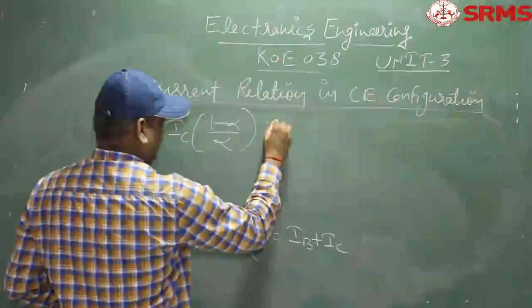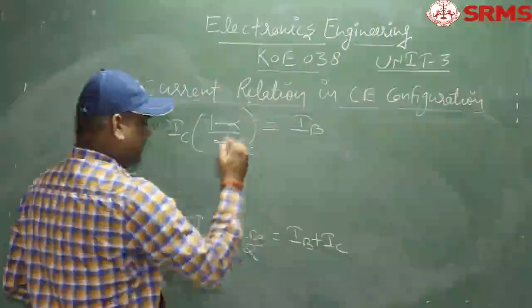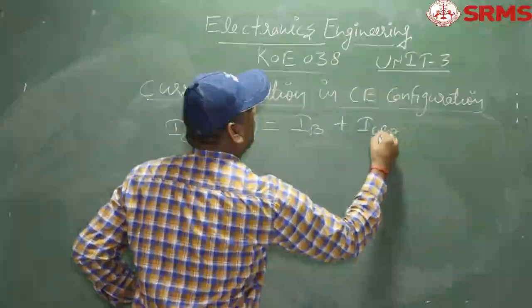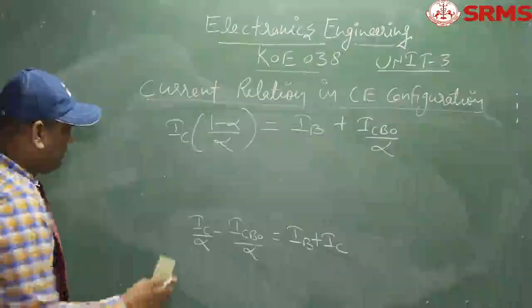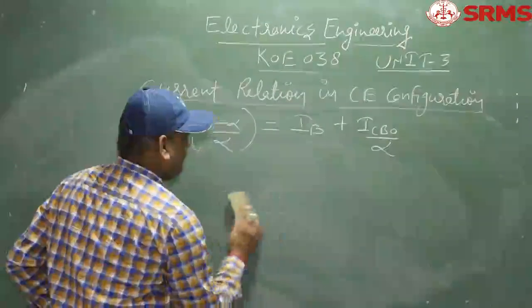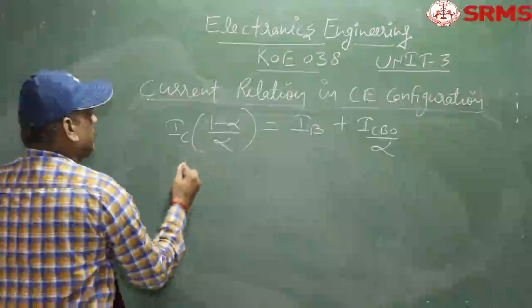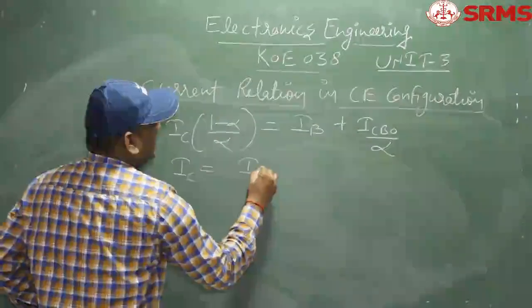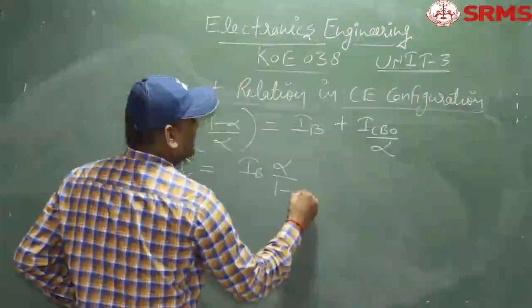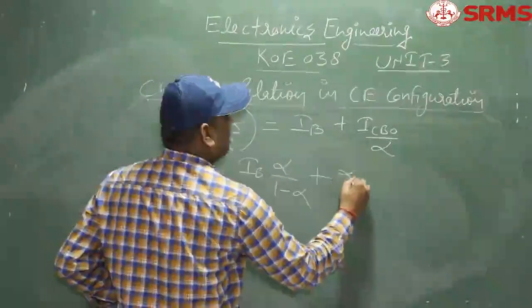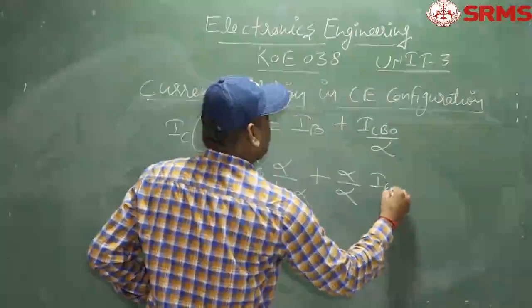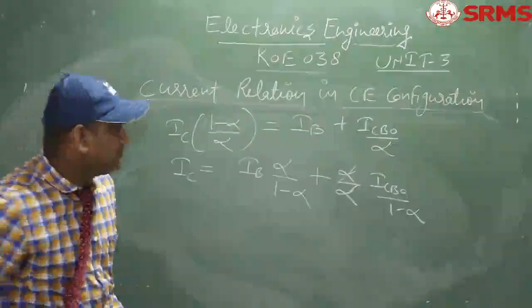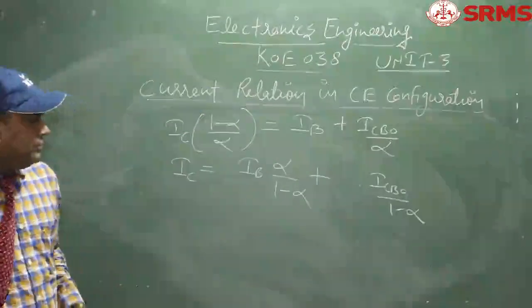And this is equal to IB plus ICBO divided by alpha. This is a very simple derivation. So the value of IC can be written as IB times alpha divided by 1 minus alpha, plus ICBO divided by 1 minus alpha. Alpha is cancelled out.